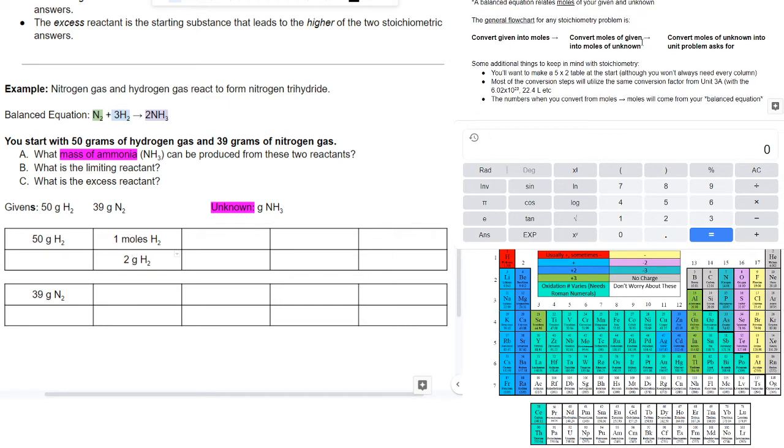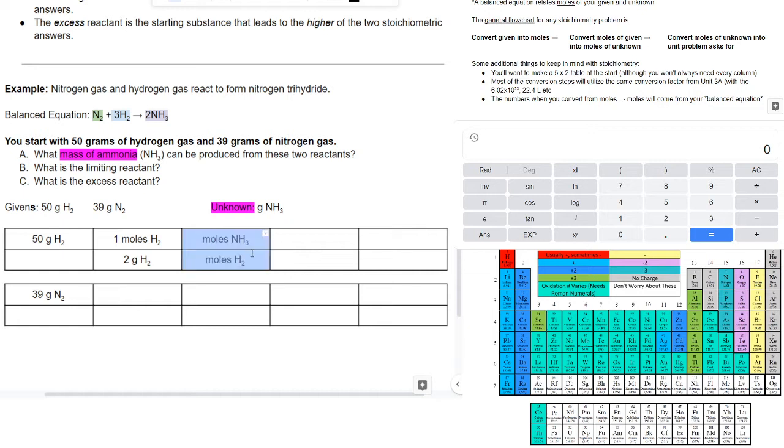So that takes care of the first step of our flowchart. Next, we need to go from moles of our given, so I'll put that on the bottom, to moles of our unknown. Our unknown is NH3, so moles of NH3 on top.